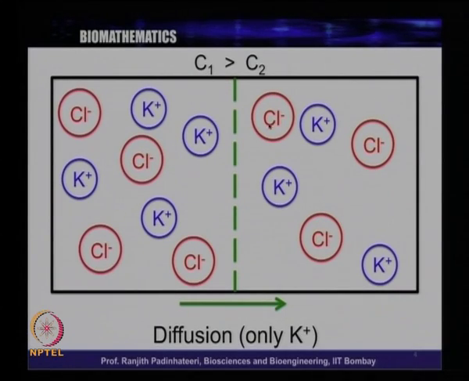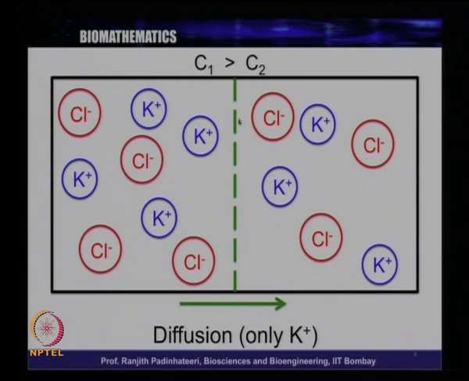As you see in this picture, C1 is greater than C2. That is, the concentration, or the number of ions in a given volume, is more here and less here. The volume is equal on both sides, so the number is more here, so more concentration here and less concentration on this side.